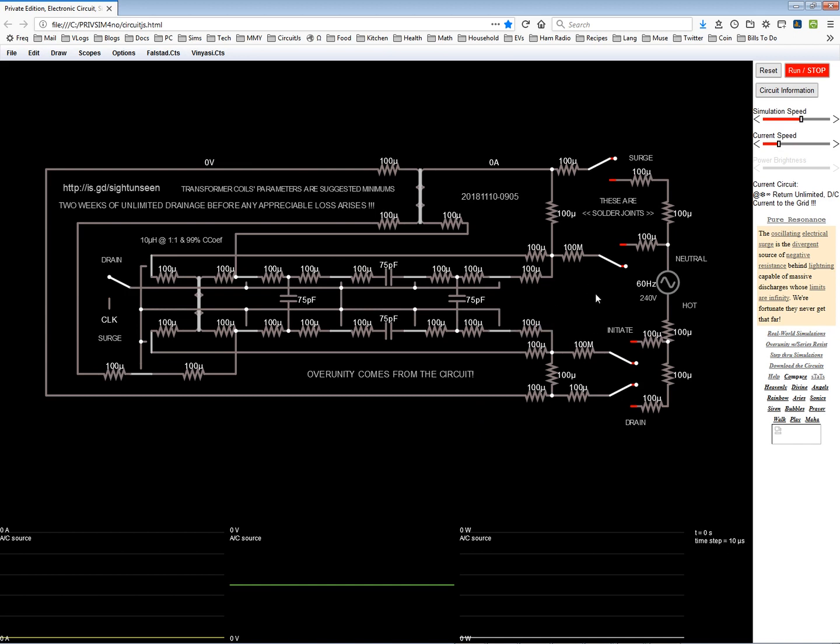But in LT-Spice and Paul Falstad's simulator, that little microcosm, that little sub-circuit, was taking over the rest of the circuit, in the sense that the current generated in that little sub-circuit infiltrated the rest of the circuit, despite the fact that the resistances in the rest of the circuit were stable.